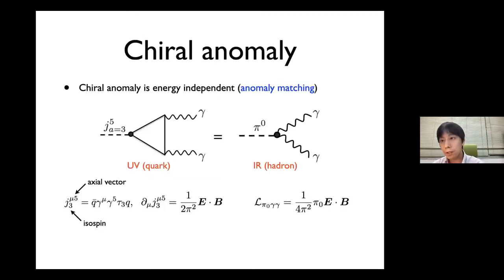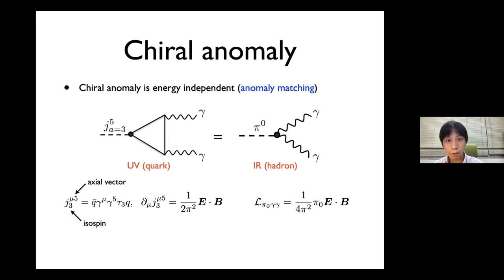The essential ingredient in the low energy effective theory is the chiral anomaly. So let me give you a brief introduction of the chiral anomaly. Let us consider the axial current with the third component of the isospin defined in this way. Classically, this current is conserved in massless QCD.